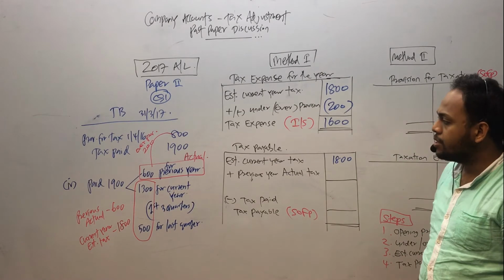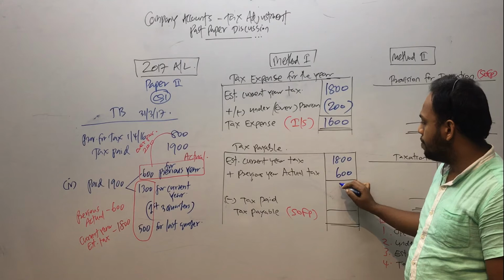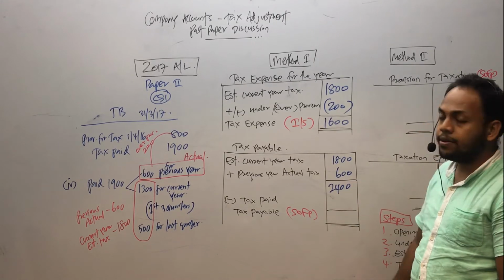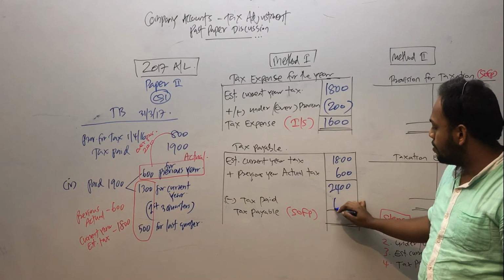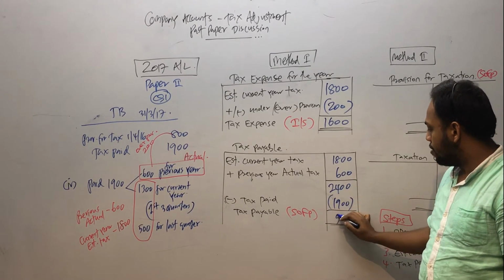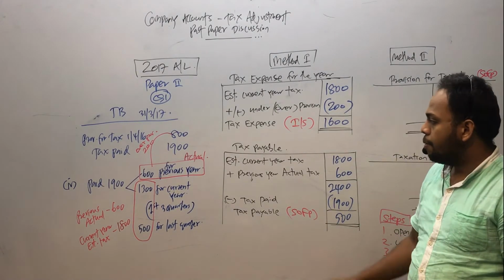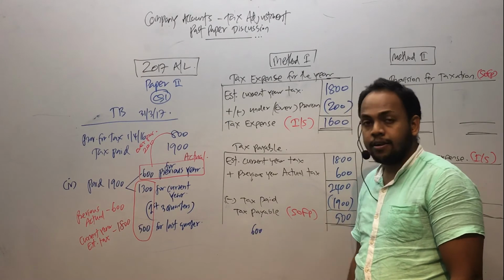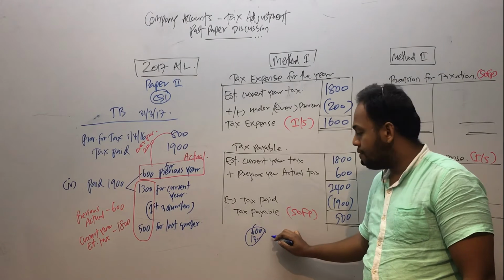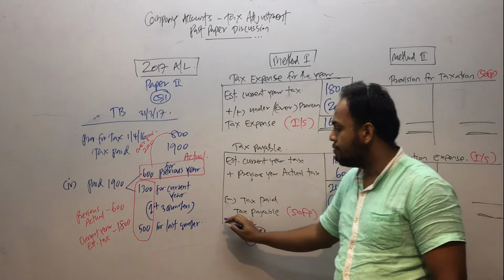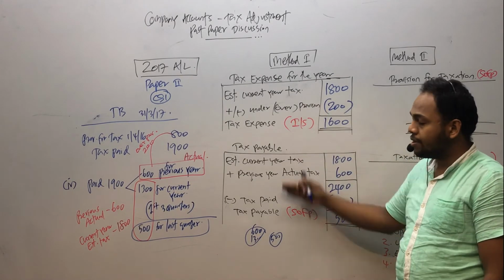The previous year actual tax is 600. So we need to pay 2,400 total tax. Out of this 2,400, we paid 1,900. So 500 is payable. In another way, previous year actual tax is 600, this year 1,300 paid, 500 is payable. So only this 500 is payable.